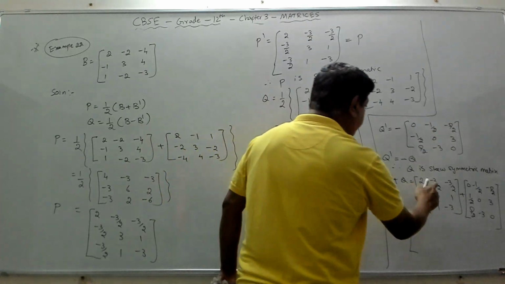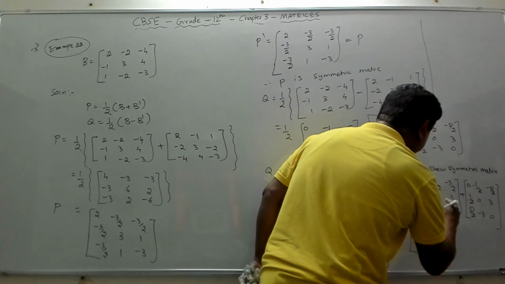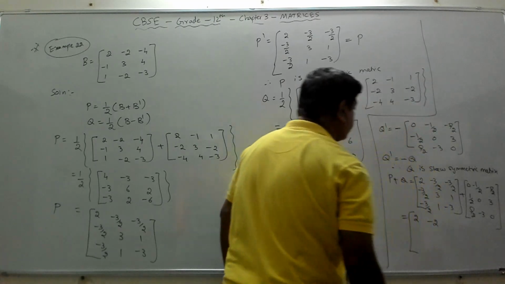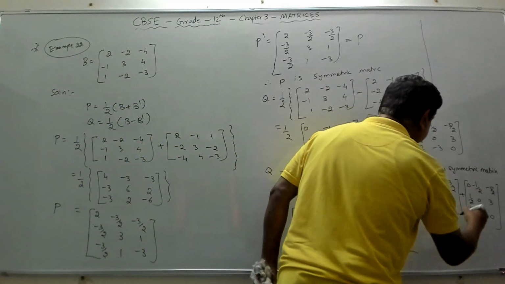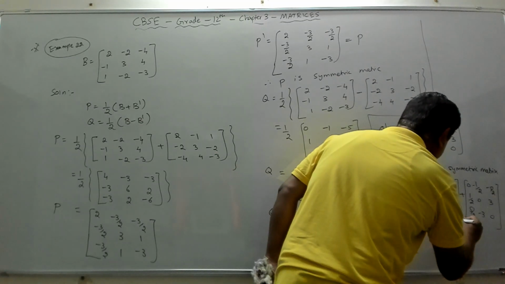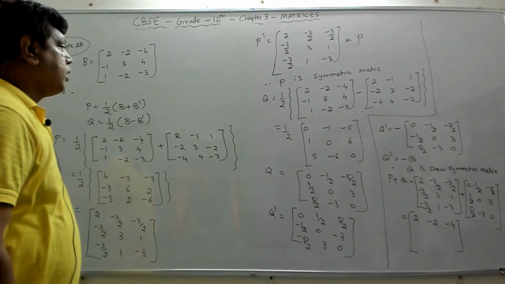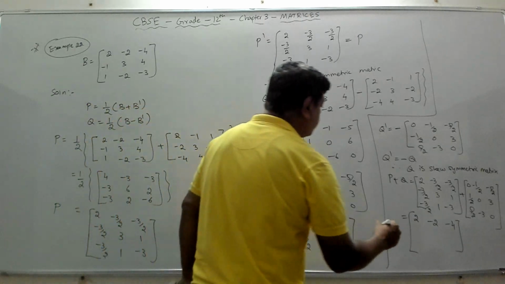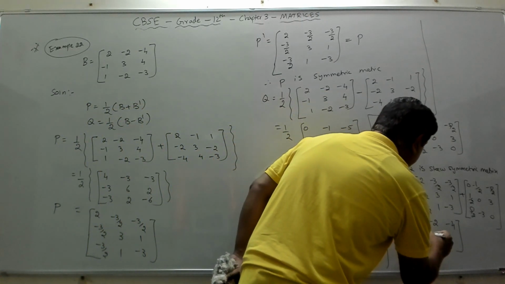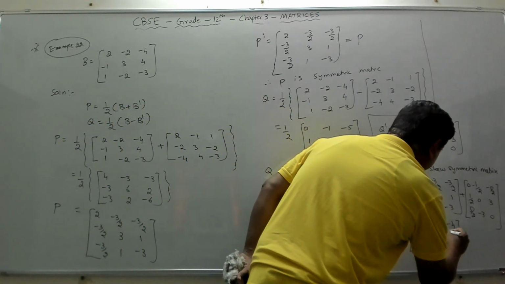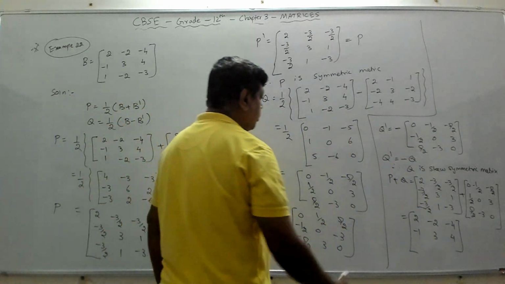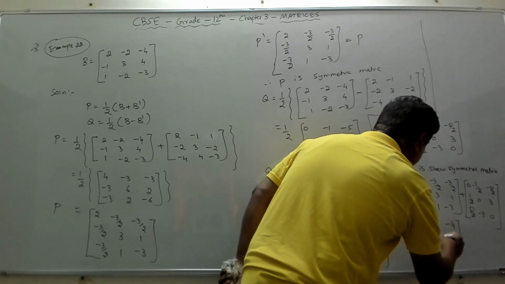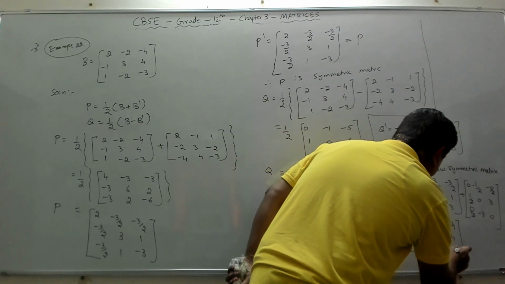Now minus 3 by 2 plus minus 1 by 2 will give you minus 4 by 2, which is minus 2. Similarly, minus 3 by 2 plus minus 5 by 2 is minus 8 by 2, which is minus 4. Now 3 by 2 plus 1 by 2 is minus 2 by 2, which is minus 1. Then 3 plus 0 is 3, 1 plus 3 is 4. Now here this will give you 1, this will give you minus 2 and minus 3.